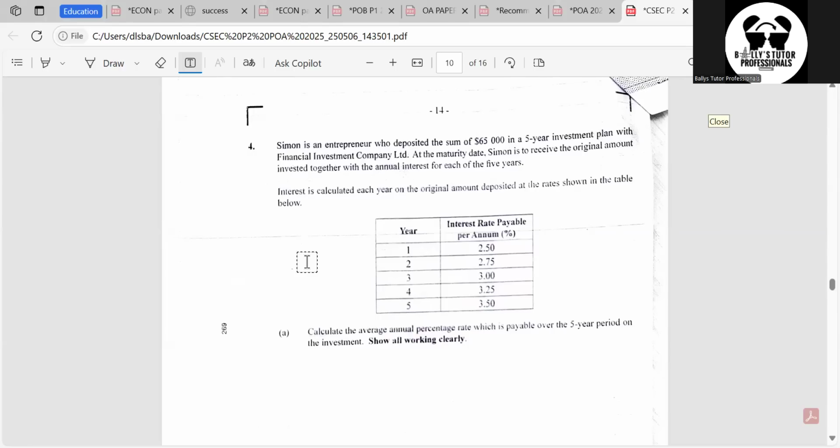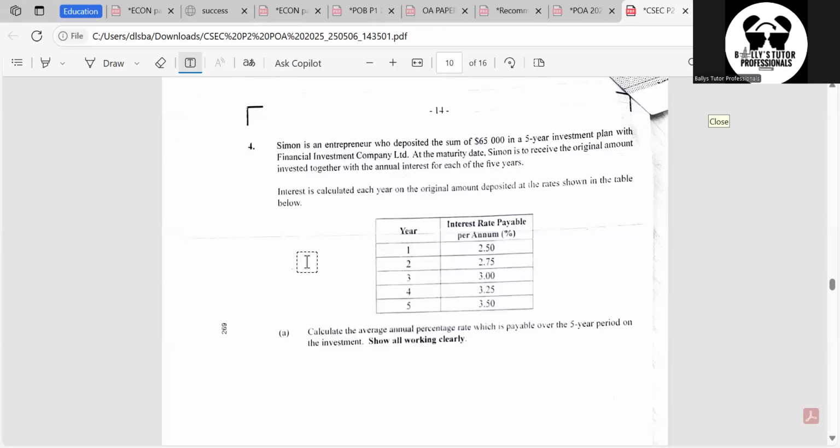At the maturity date, Simon is to receive the original amount invested together with the annual interest for each of the 5 years. Interest is calculated each year on the original amount deposited at a rate shown in the table below. Calculate the average annual percentage rate which is payable over the 5-year period.